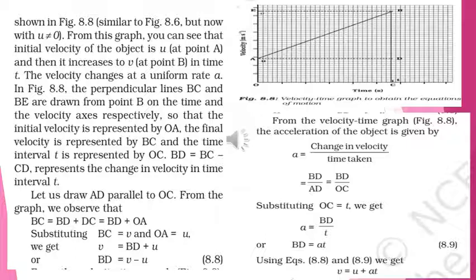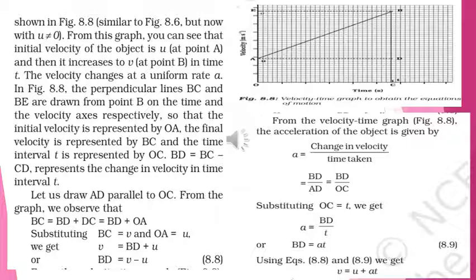Now substituting the value BC equal to V and OA equal to U, you will get V equals BD plus U, and therefore the value of BD is equal to V minus U. So this is the change in the velocity, that is, initial velocity and final velocity.